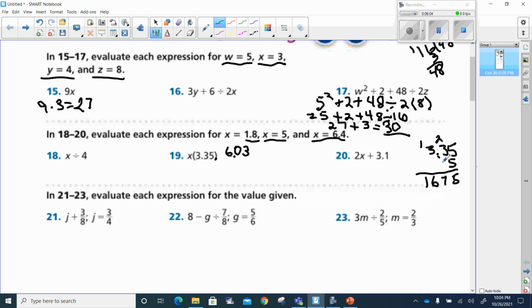So since I have to move this over twice, I'll move this over twice. That makes 1675. So my second one will be 16.75.